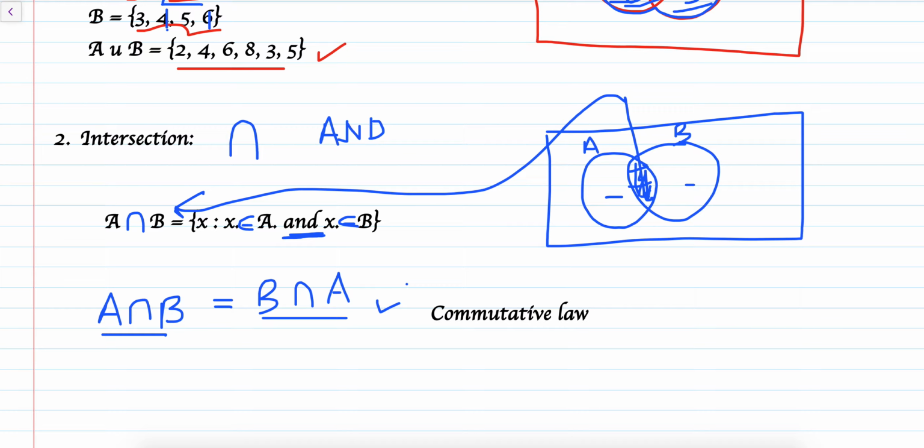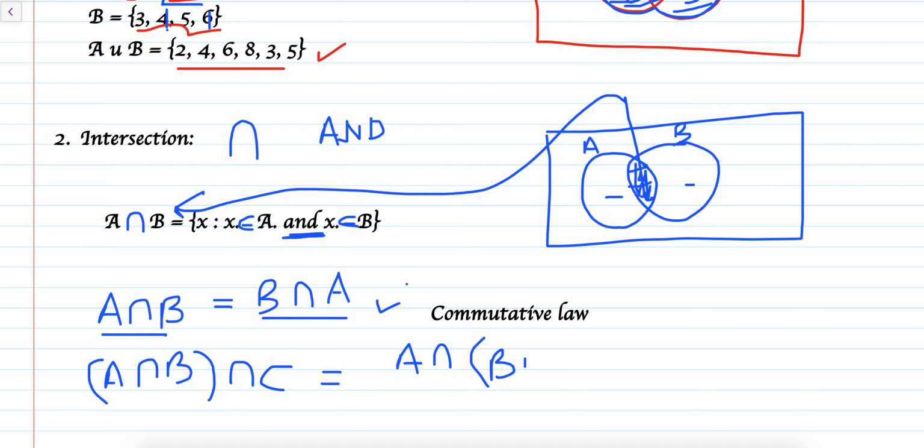So next we have A intersection B, and combined intersection with C. So this would be the same as... here first we are finding elements which are common to A and B, and then out of those common elements and the elements in C, we are finding the common elements.